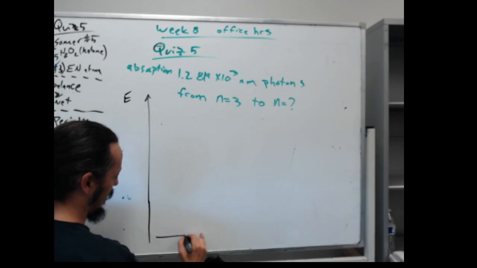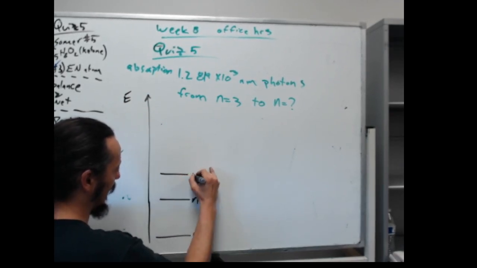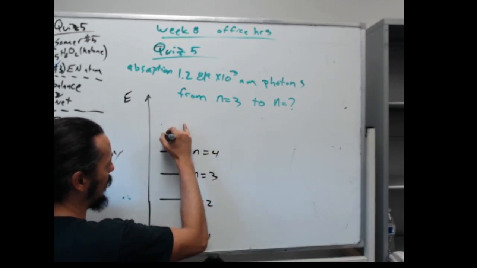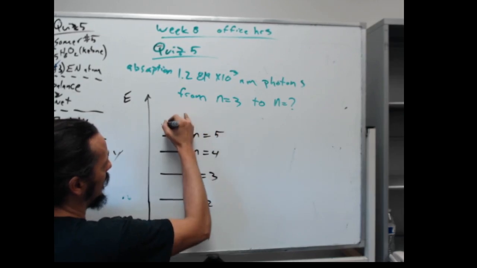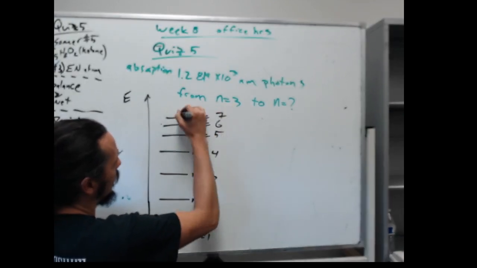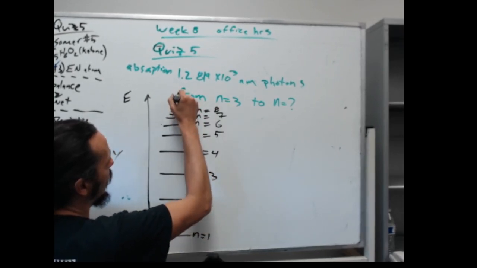Let's make that nice and long. Here's my n equals 1, n equals 2, n equals 3, n equals 4, n equals 5, n equals 6, n equals 7, n equals 8, n equals 9, and I'm tired of writing them, right?